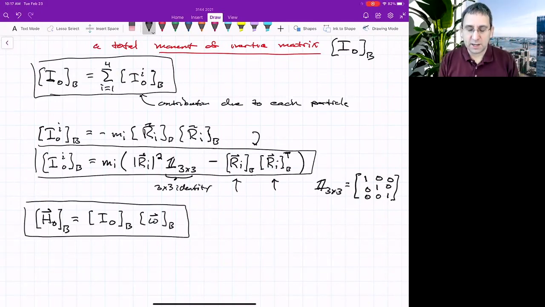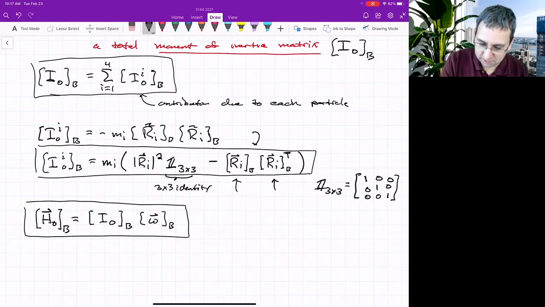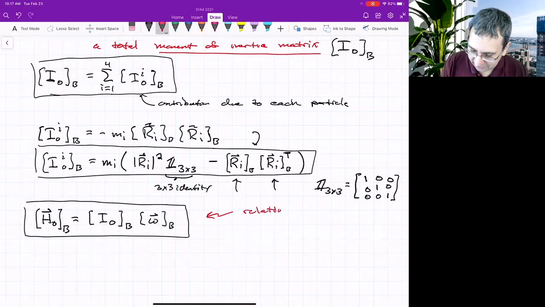So instead of looking like that complicated thing from before, where it was a sum of individual particles, because of rigidity, the inertial velocity of each particle is always related to the angular velocity. So this is the relationship between the angular momentum and the angular velocity for a rigid body.